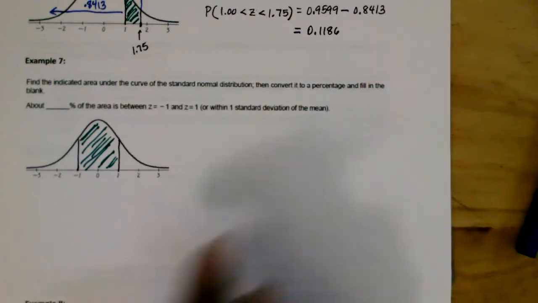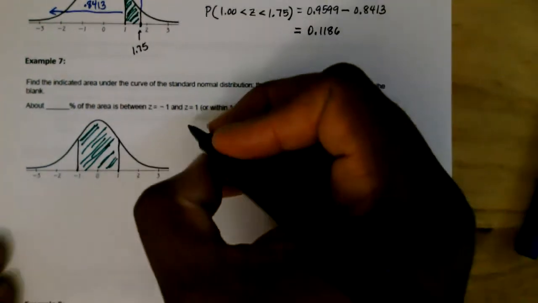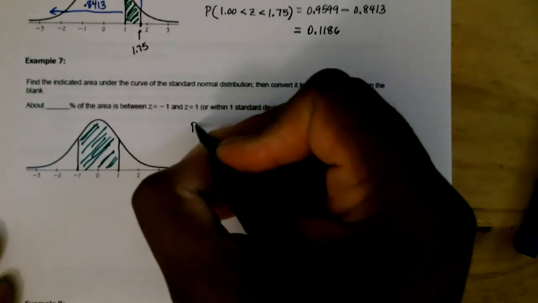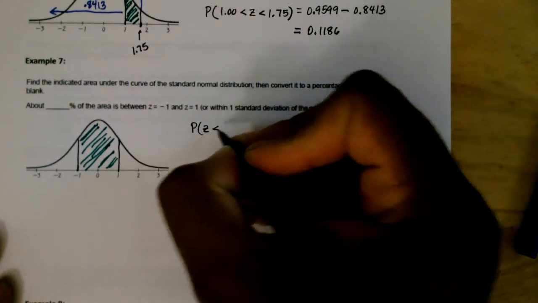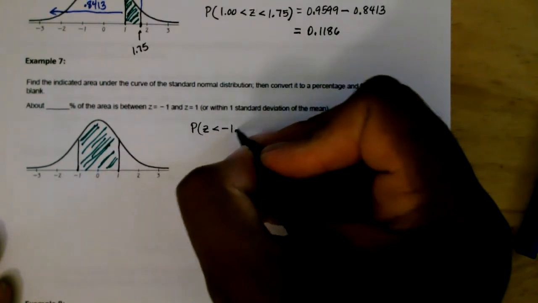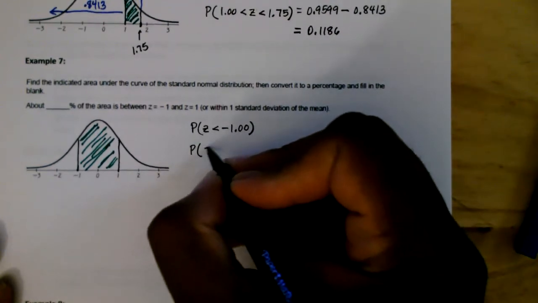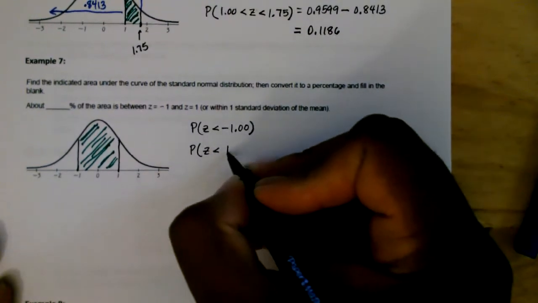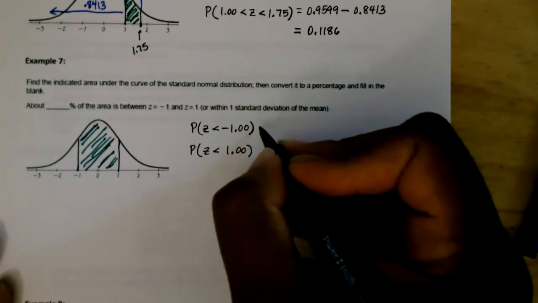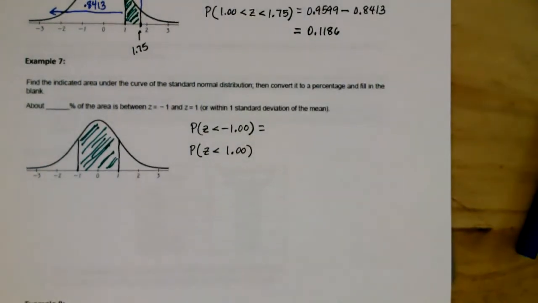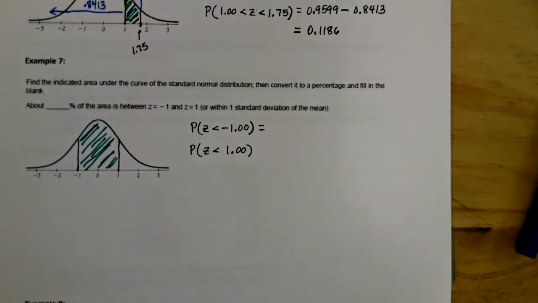Okay, so now let's find the probability that our z is less than -1.00 and the probability that z is less than +1.00. Starting with -1.00, that's a negative z-score, by the way. So let's go to the page that says negative z-scores.